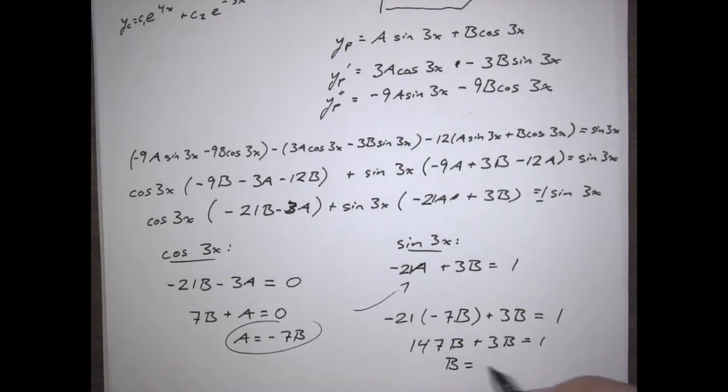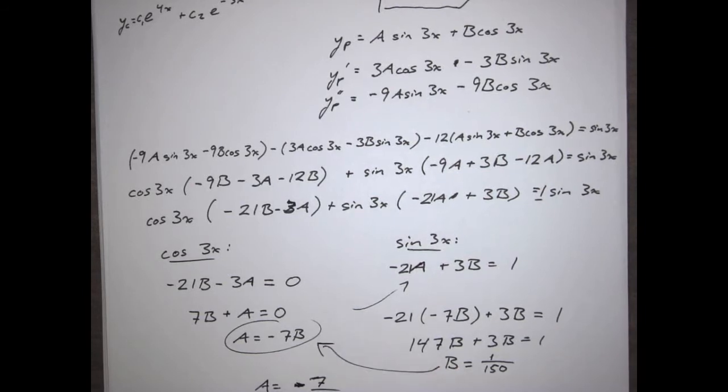So b equals 1/150th. Which then means a would be negative 7/150ths from right there.